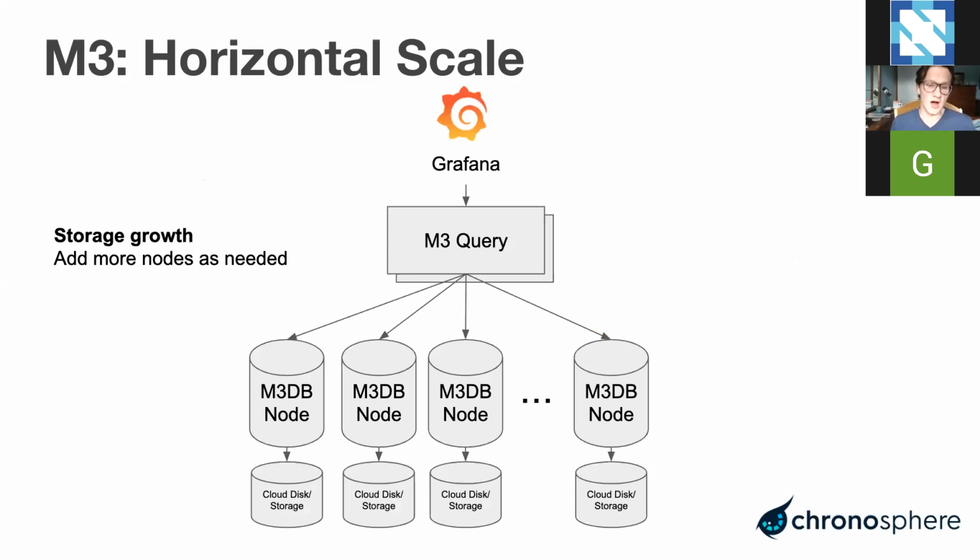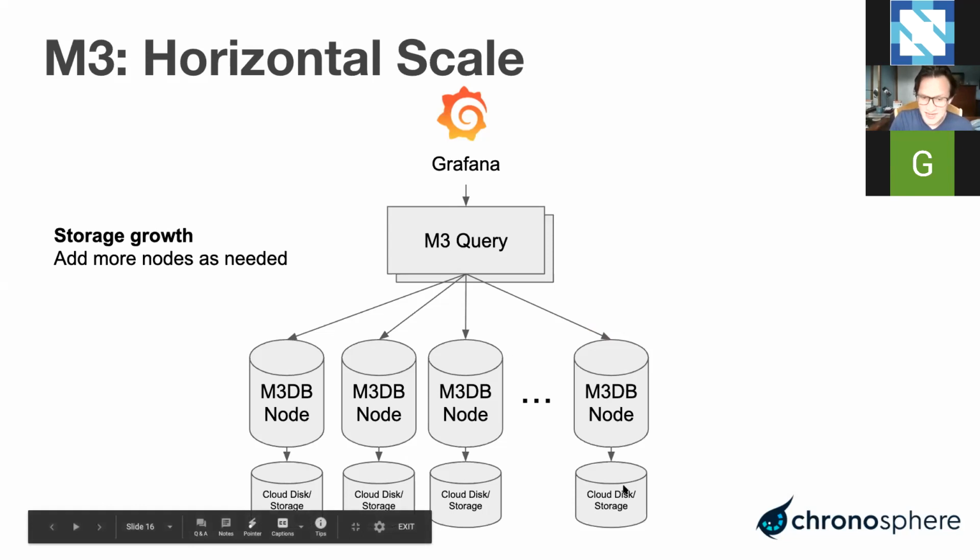On the scale side, the way M3 tackles this problem is, again, in its distributed nature. And there are two pieces to this. You can imagine how the database side is actually comprised of many different nodes.